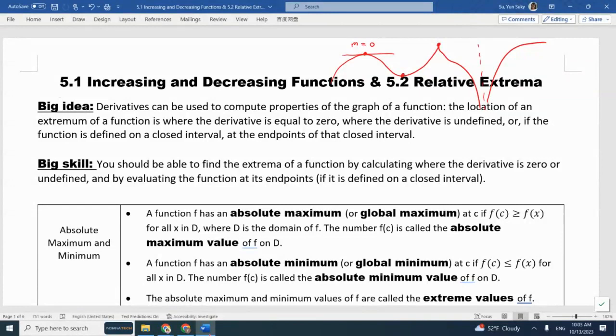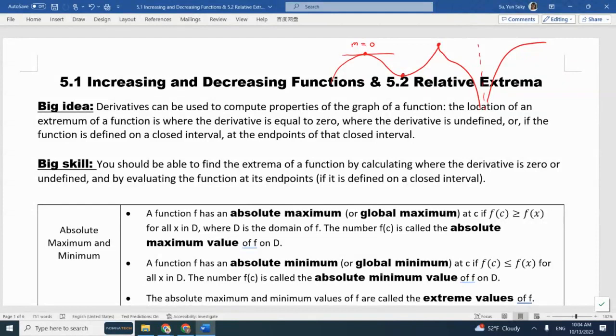Do you see on the left side the slope is positive, but on the right side the slope is negative? Therefore, at this point, the derivative does not exist, because your left-side limit and your right-side limit do not match. So this is the point where the derivative is not defined.